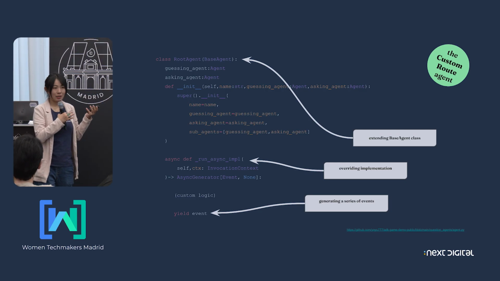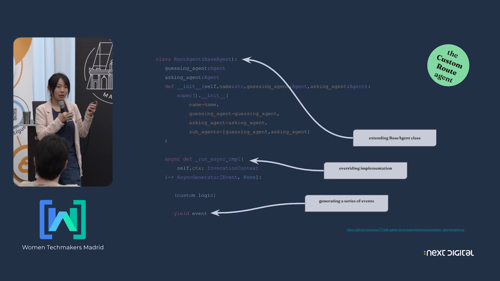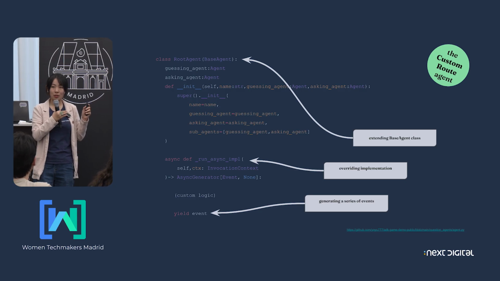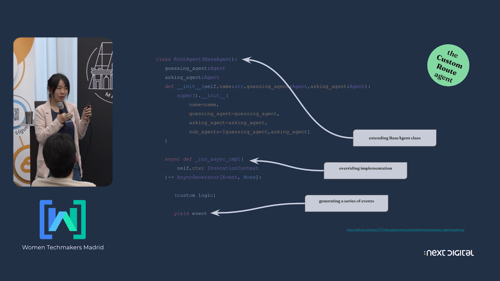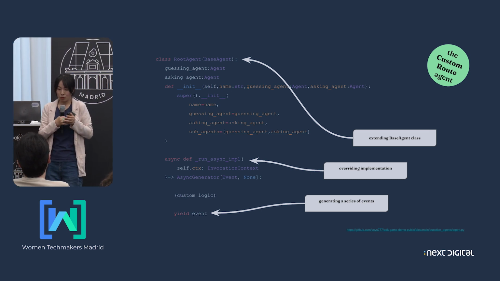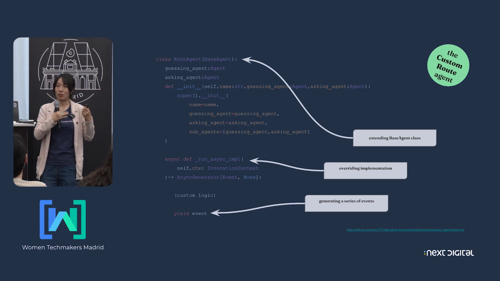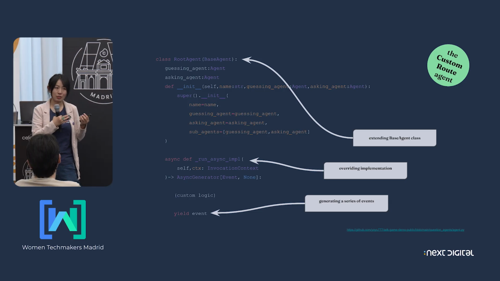ADK comes with several out-of-the-box orchestration agents already, and they are all LLM based, which means you don't need to hard code your logic. You just describe your logic in the orchestration agent definition using natural language.